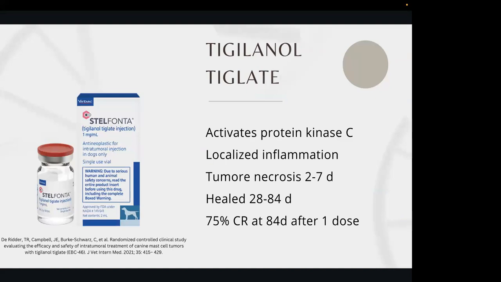It induces tumor cell death by oncosis, and these processes lead to hemorrhagic necrosis and destruction of the tumor within about 2 to 7 days. This is followed by resolution of the wound within about 28 to 84 days after treatment. So pretty interesting stuff.